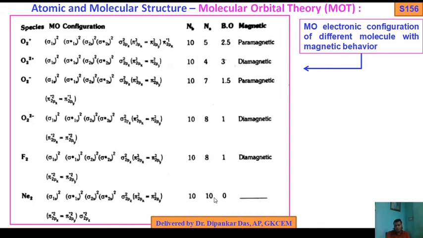So 10 minus 10, 0, that's why this molecule also doesn't exist, and its magnetic behavior is nothing, because it doesn't exist, like helium, He2, beryllium, Be2. So these are the MO electronic configurations, with the corresponding number of bonding electrons, number of antibonding electrons, bond order, and magnetic behavior.